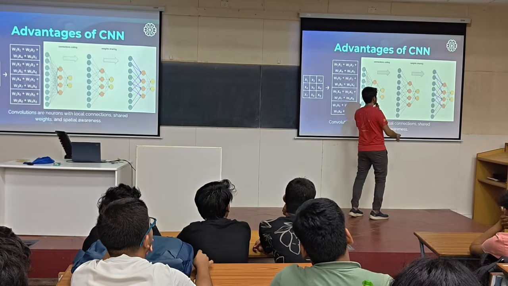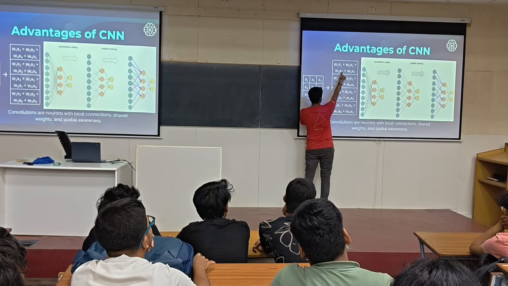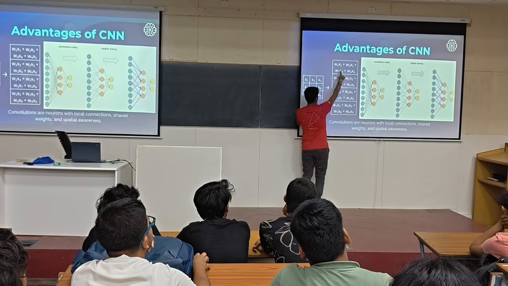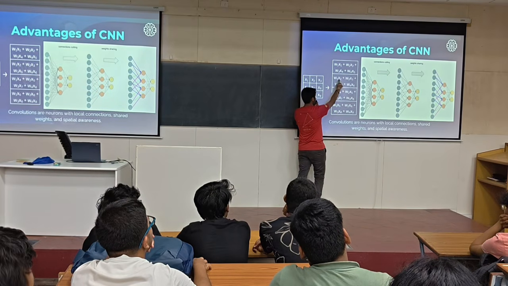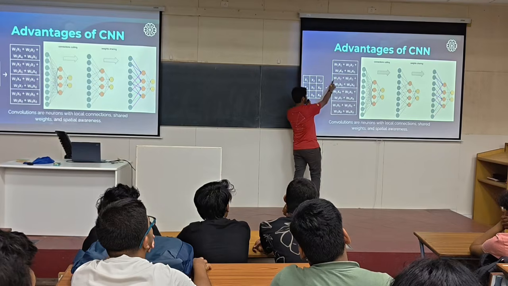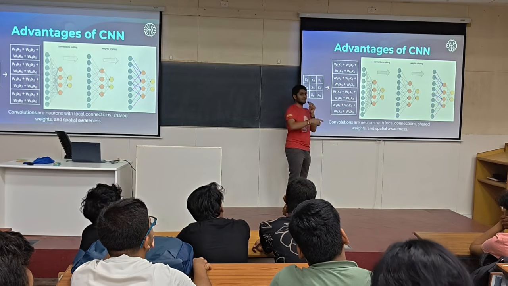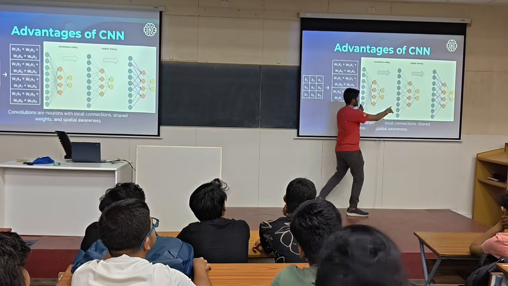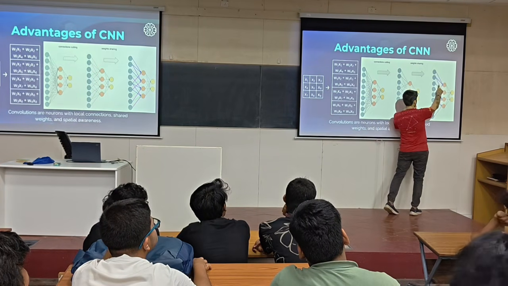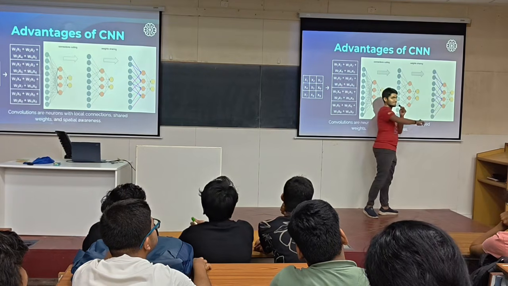We saved parameters, and another thing is we are sharing the weights. For the first kernel, the weight of x1 is w1. For the second neuron, again the weight of x2 is the same w1. So I am not changing the weight. When this weight is learned, it will be learned similarly for both of these. You can see, distinguished by the colors, that each color represents the same weight.